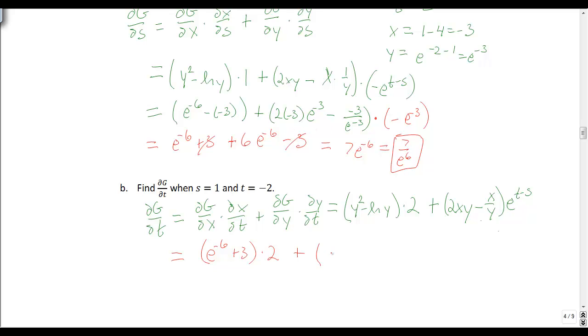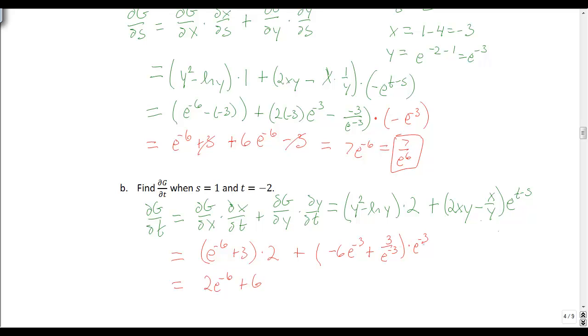So that's going to be a negative 6 e to the negative 3 plus 3 over e to the negative 3. Kind of simplify this as I go through. And then my e to the t minus s, that's going to be an e to the negative 3. I don't get a negative like I did up here. And so what that gives me, let's see, I distribute here, I get 2 e to the negative 6 plus 6.